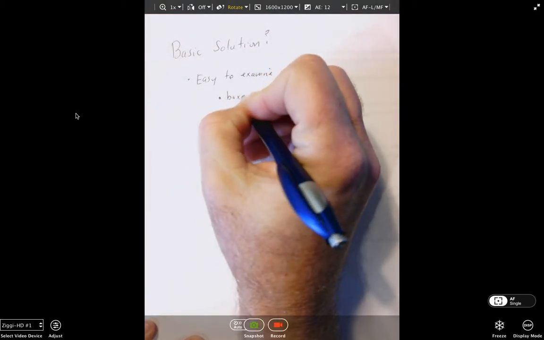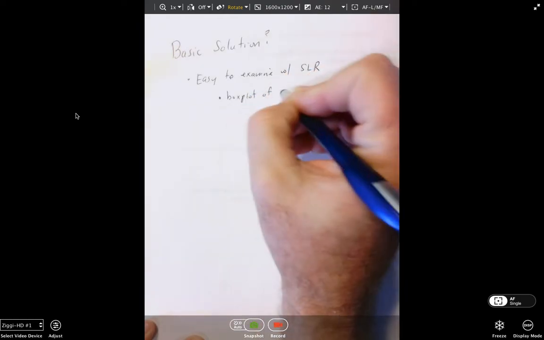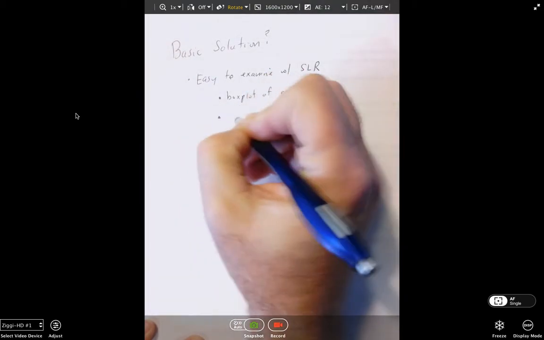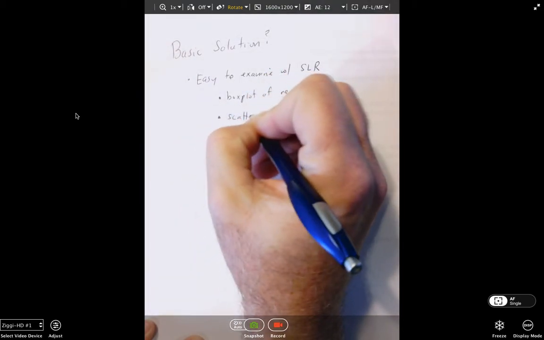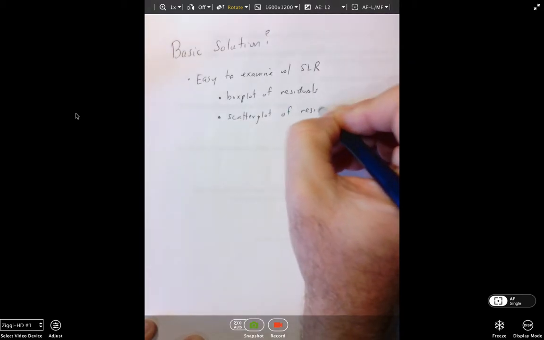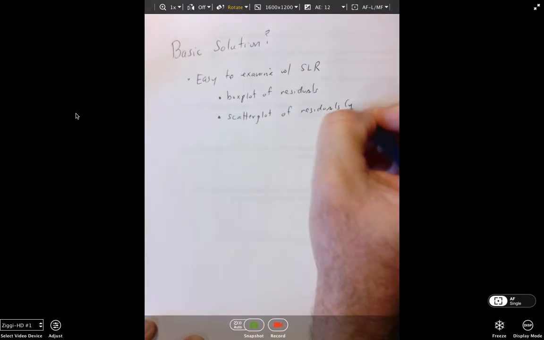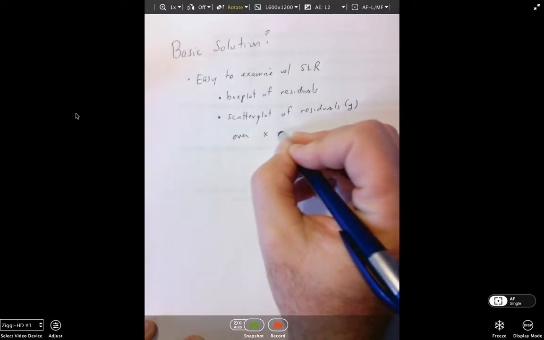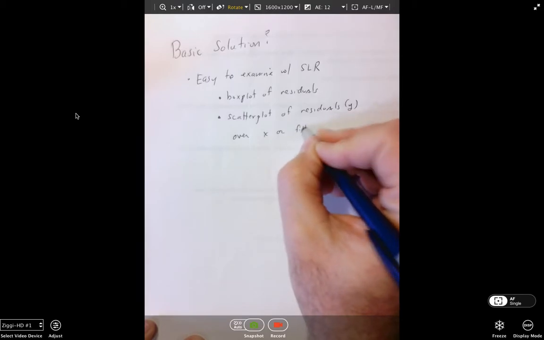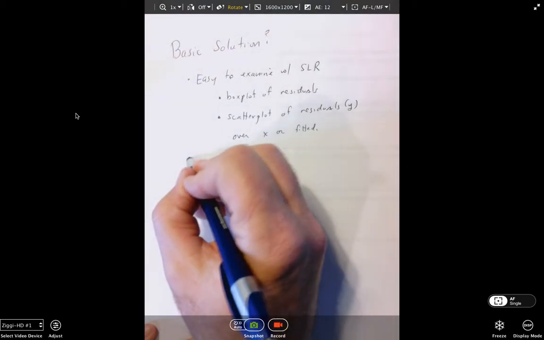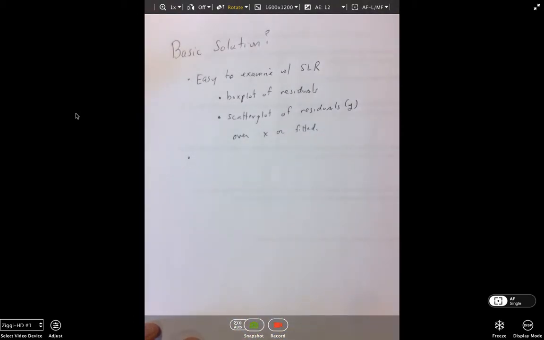Well, I would examine a box plot of the residuals, and I would examine a scatter plot of the residuals as y over x or the fitted values. So either one of those in the simple linear regression case is going to work fairly effectively.